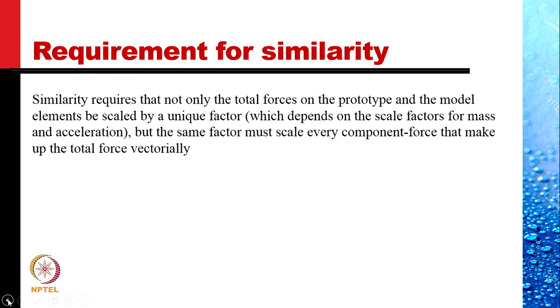Similarity requires that not only the total forces on the prototype and the model elements be scaled by a unique scale factor, which depends upon the scale factors for mass and acceleration, but the same factor must also scale every component force that makes up the total force vectorially. This is what we discussed in the last class.